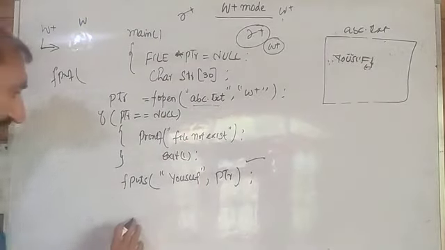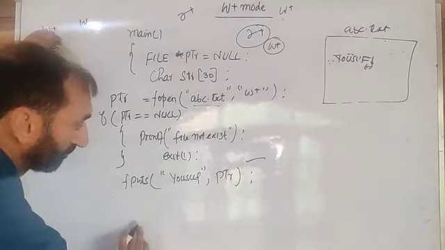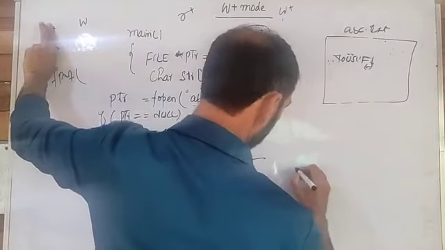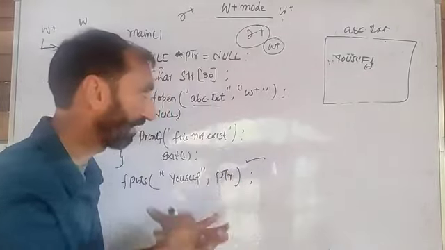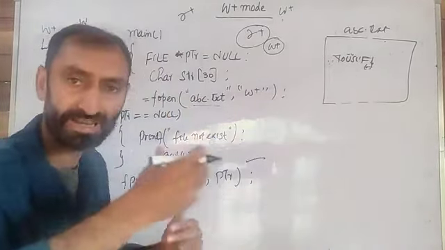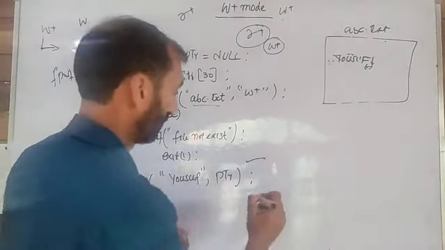Now, how can I read? I will write the logic here. I want to read the contents character by character, one by one. For that, I have to use a loop.